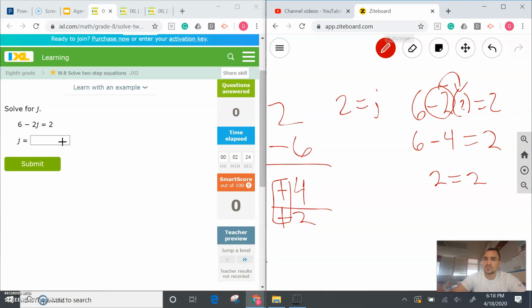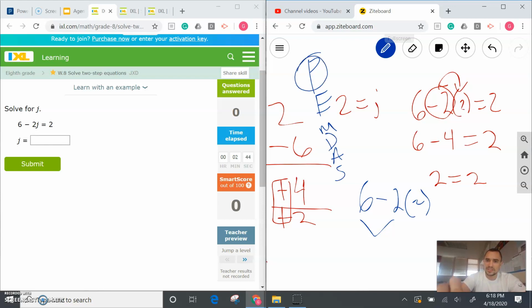Please, please, please do not do this first. Let me show you what not to do. People are doing this: 6 minus 2 times 2, and then they are combining those. You do not want to combine those because you need to do PEMDAS. You do parentheses first.